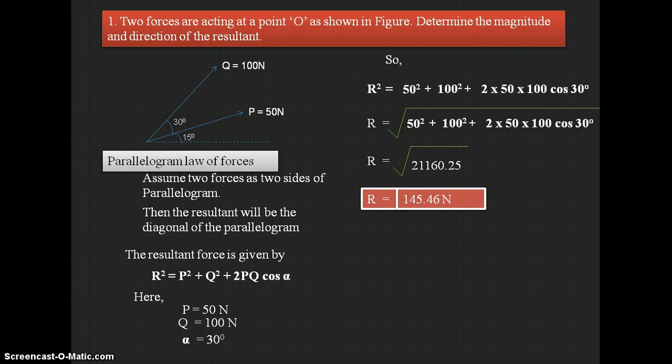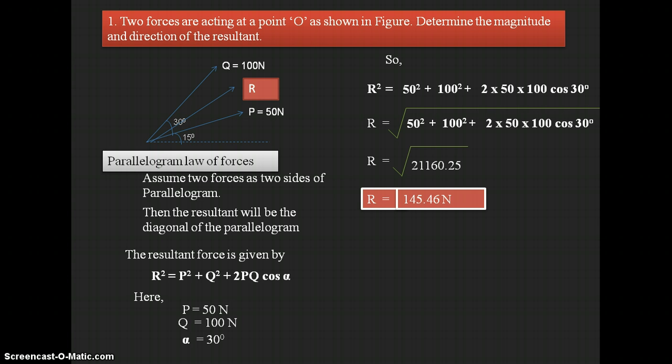So that is the way of finding the resultant force of two forces by following the parallelogram law of forces. Next we try to find the angle. The resultant force, the diagonal, passes through the intersecting point of the two forces. That means from O the resultant force will be obtained as the diagonal of the parallelogram.